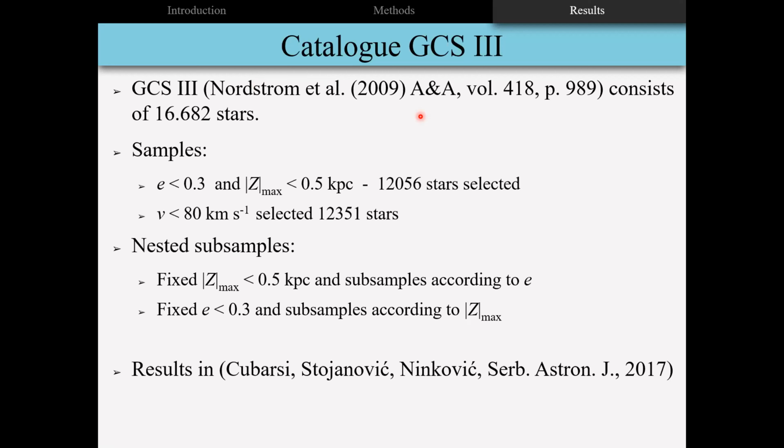It is one of the very complete catalogs like Hipparcos, but for the small, limited volume of stars in the solar neighborhood. We made two samples. One that was selected in both ways. We wanted to just select disk stars, and these are parameters that we use to limit these samples.